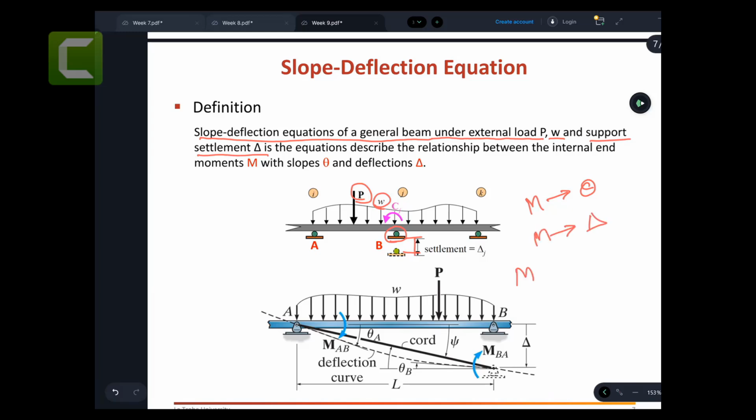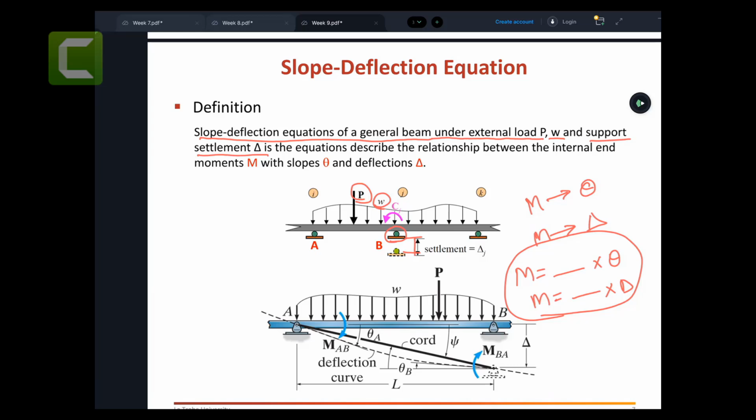So is M equal to something times theta, or M equal to something times delta. This kind of relationship is between the moments, and by the way, that moment is the internal moment. I hope by this time you know what internal moments are, as you have done plenty of examples on these kinds of things. So internal moments with the slope, that is the slope deflection equation. Internal moments and displacements, that's again the slope deflection equation.